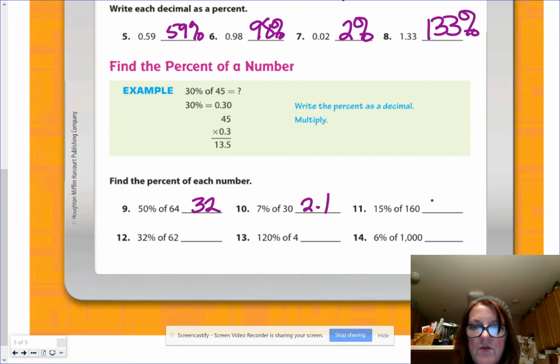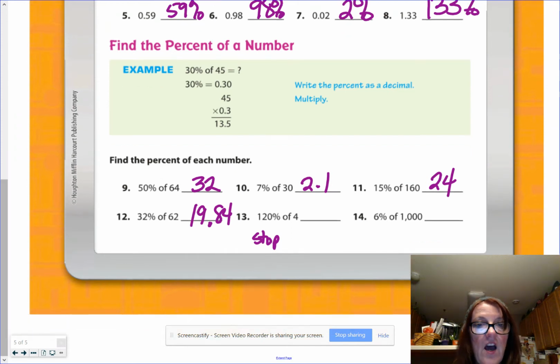15% of 160 should be 24. 32% of 62 is 19 and 84 hundredths. Now they didn't say it around here, so just write it as is. 120% of 4. Stop for a second. Think, think, think. What's happening here?